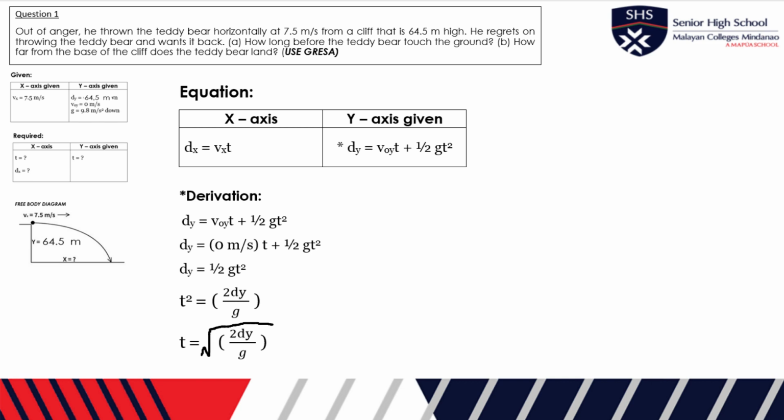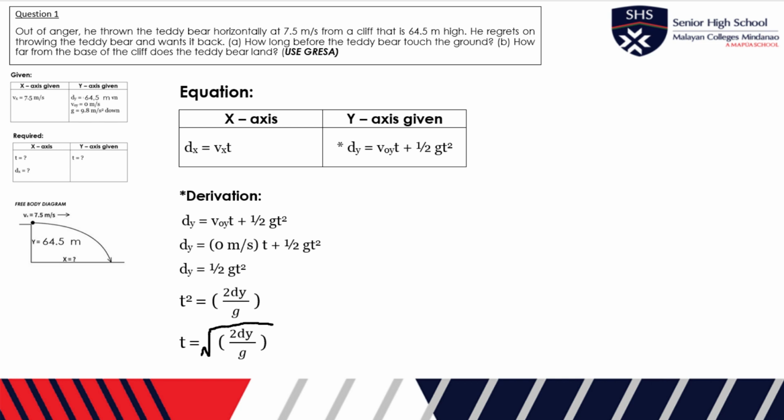Now, we just need to get the variable of time. So we need to manipulate the equation, giving us t squared is equivalent to 2 d sub y over g.